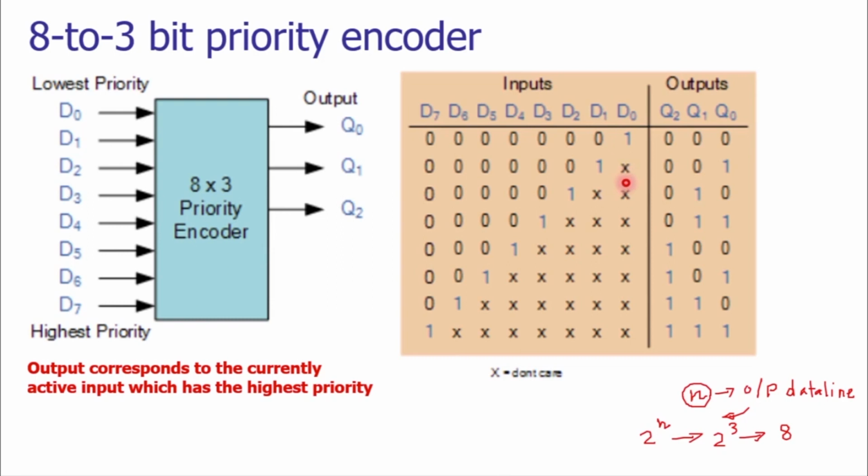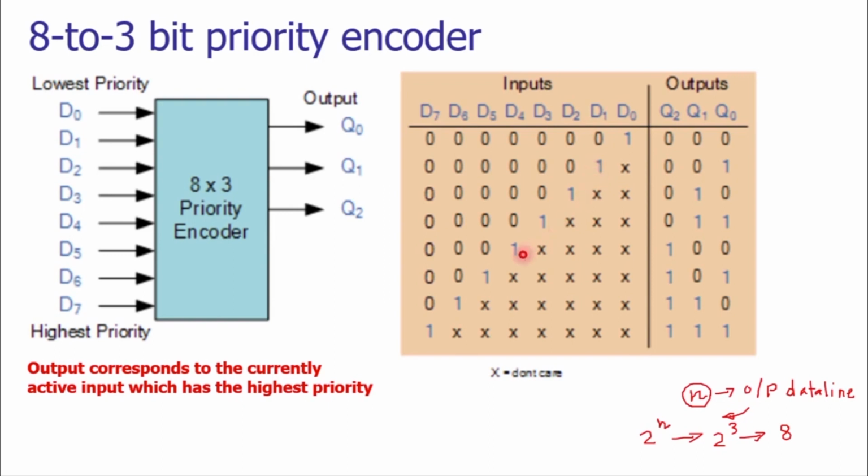The meaning is that if we are having D0 as 1, but we don't use that value, we are simply ignoring the presence of any signal at D0. So thus, for this row number 2, the priority is given to D1.